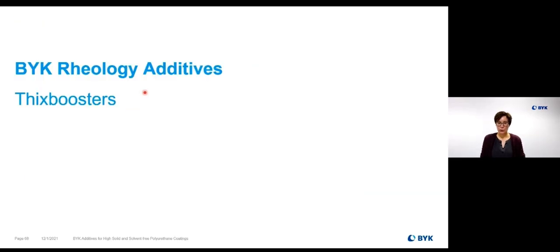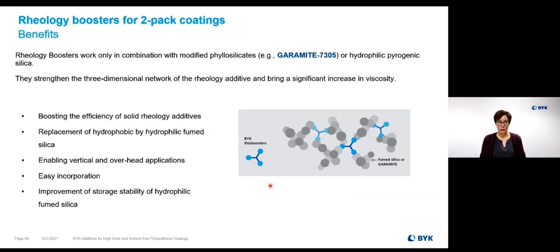Coming now to a special group in our rheology portfolio, the TIX boosters. What is the benefit of TIX boosters? These boosters work only in combination with modified additives, for example with Garamide 7305, or with silicas. And these boosters are able to strengthen the 3-dimensional network.